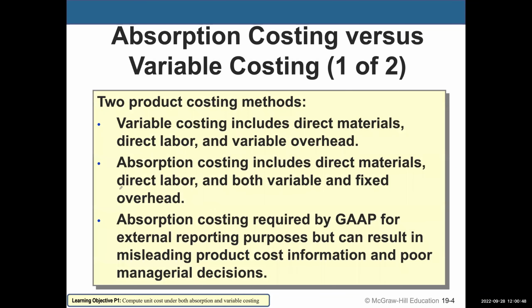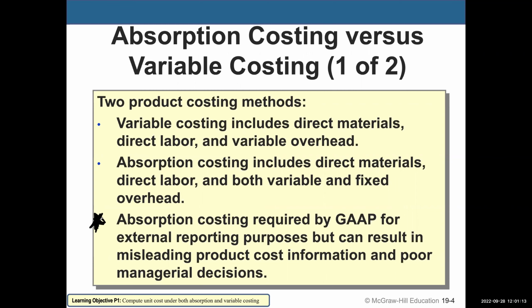Some reminders, okay? What we just said, variable costing includes the variable items, direct material, direct labor, variable overhead. Absorption costing, we could list these things out, but we could simply say absorbs all manufacturing costs. We learn about absorption costing when we first learn about job order costing. Absorption costing is not new. We've seen it already.